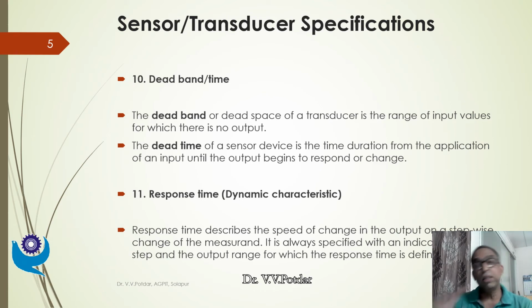So let us take the case of a familiar example which we have seen, the pressure gauge. I'm connecting this pressure gauge to a pipe through which some gas is flowing.